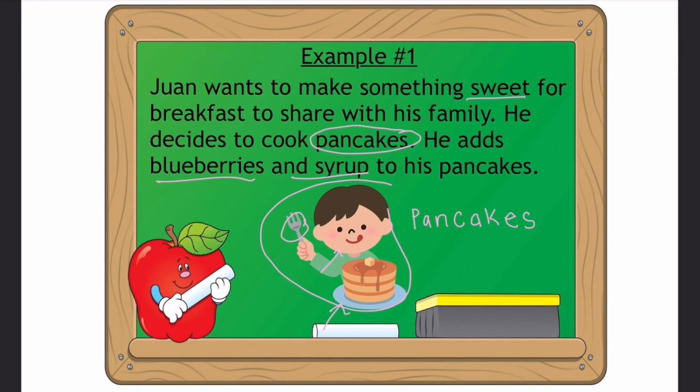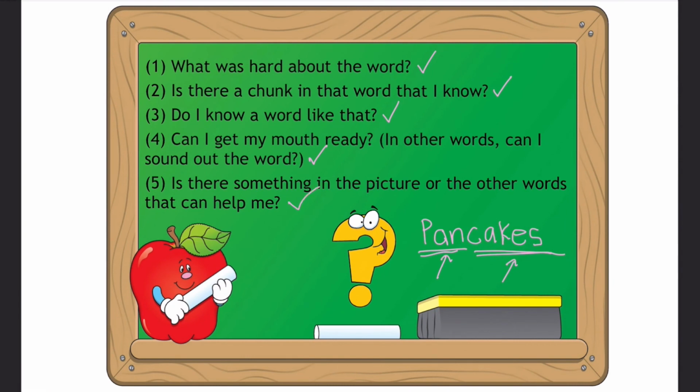And so now we know that Juan is eating something sweet, he's eating it for breakfast, and he's even adding other sweet toppings to it. So we can be familiar with the fact that he is probably eating something that is sweet. And so now we have answered all 5 questions.